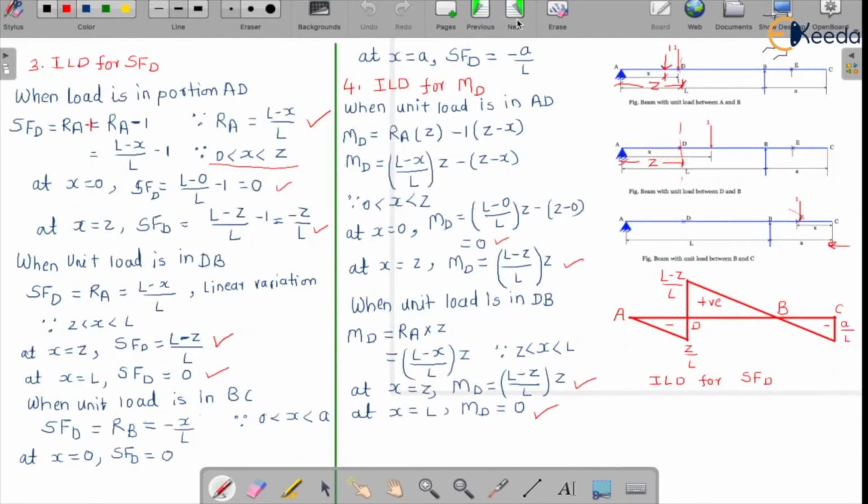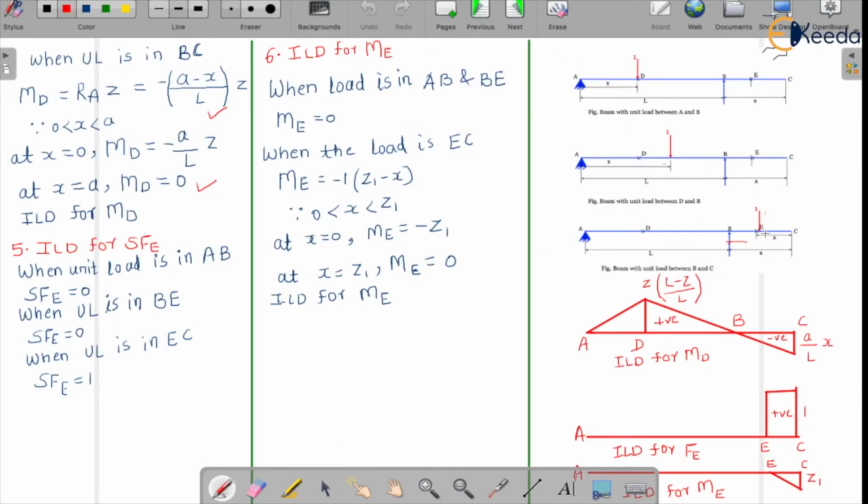So if the unit load is in between, the moment is minus 1 into (Z1 minus X), where X varies from 0 to Z1. When X equals 0, the moment at E is minus Z1, and when X equals Z1, the moment at E becomes 0.